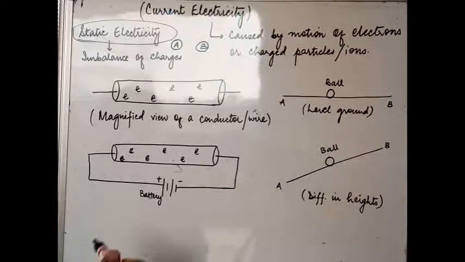Now if you rub these bodies against each other, let's say for example we had an ebonite rod and silk. When these two materials are rubbed against each other, it is found after rubbing that some of the electrons from one body transfer to the other body, thereby resulting in a shortage of electrons on one body and an excess of electrons on the other body.